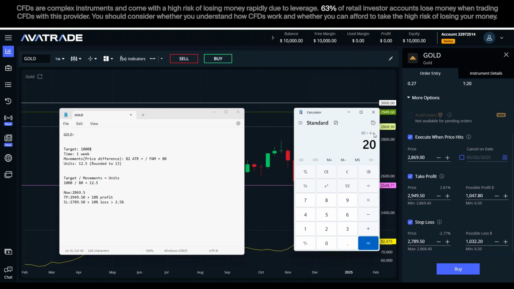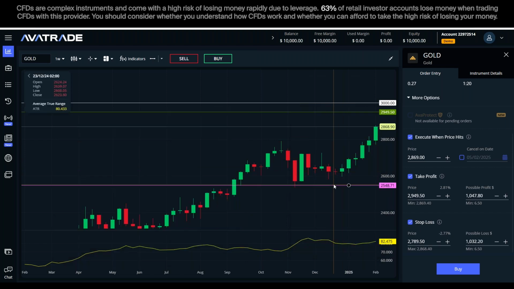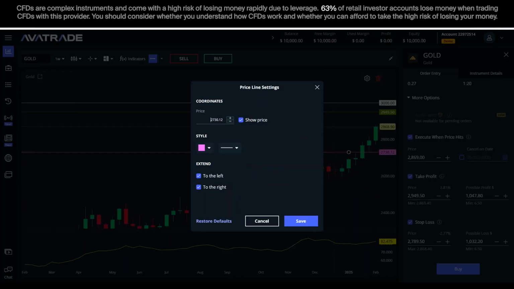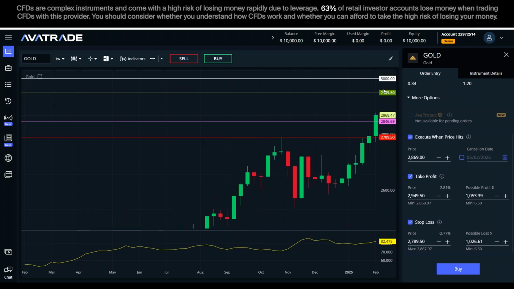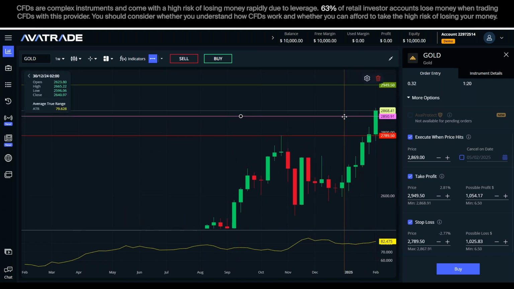How much is 80 divided by 4? 20. So instead of our stop loss being $80 away, okay, this one goes in red. Instead of being here, I could potentially place it, just a second, it's a bit difficult to show you, but I will try. I will place it $20 away. $20 away is somewhere here.